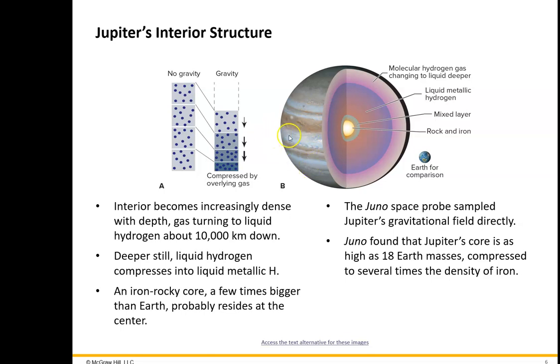So the white areas here are called the zones. The darker areas are the bands. We'll get into that in just a minute. But this is one of the things that Juno found, well, actually the Galileo spacecraft was one of the first ones to determine this, that deep within Jupiter, as you go further and further into Jupiter, of course the density increases.